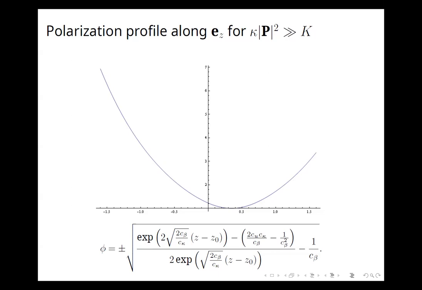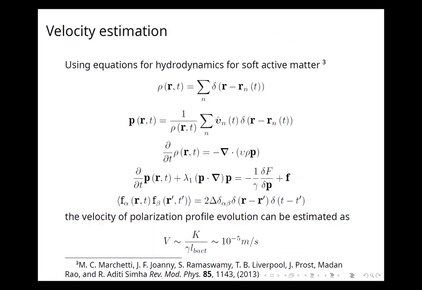And again, by using these initial parameters for this solution, we can see what mechanism will be. So another important task is obviously to describe the possible velocity, estimate at least velocity of such a motion.